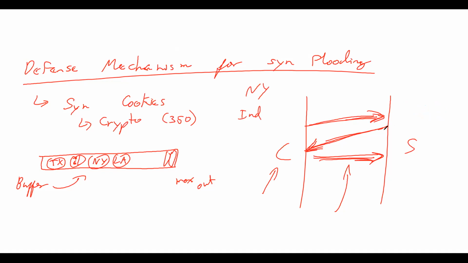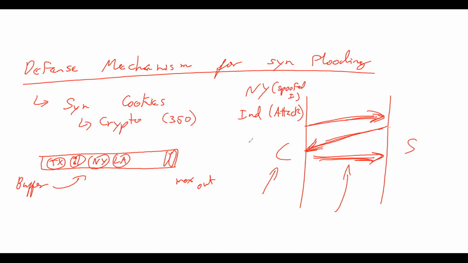What's the server going to do? Who is the server going to reply to? Is the server going to reply to the attacker or to the spoofed IP? So New York or Indiana? New York, right? New York, exactly.